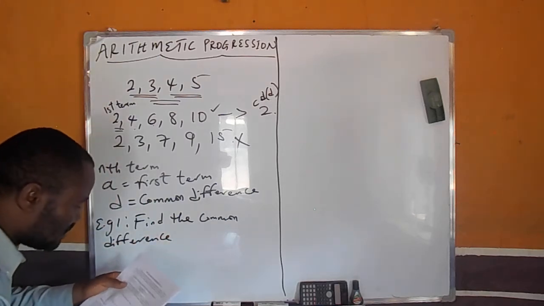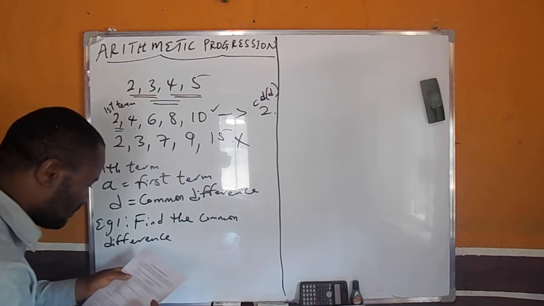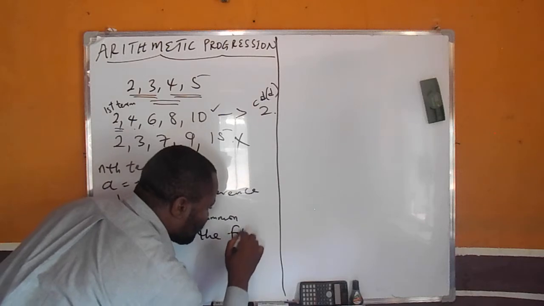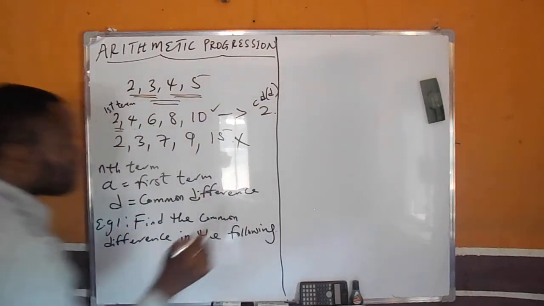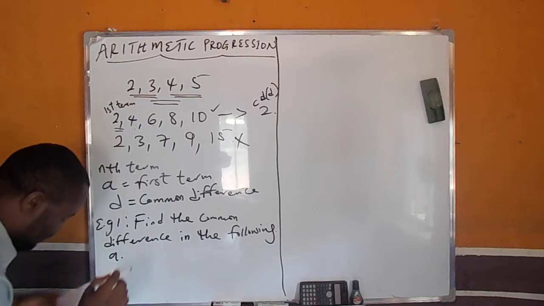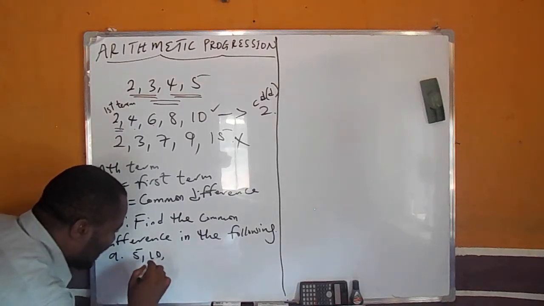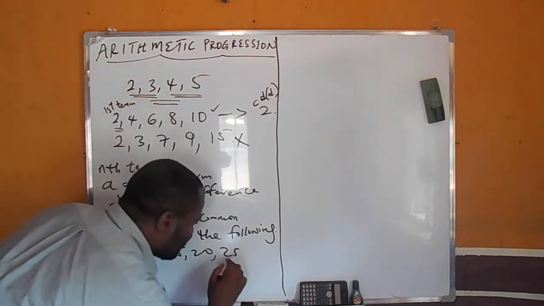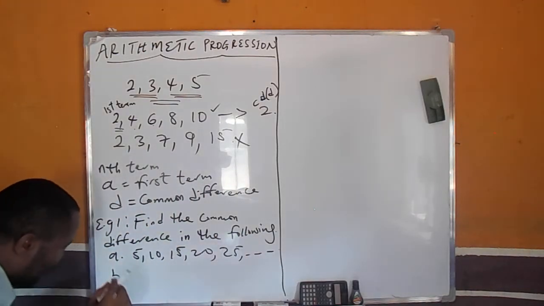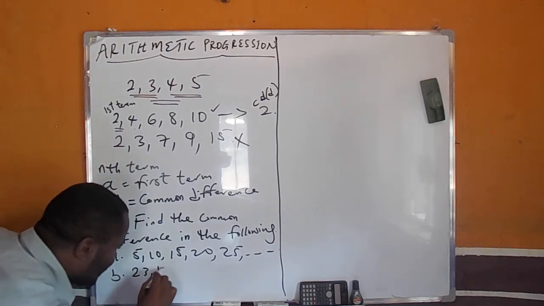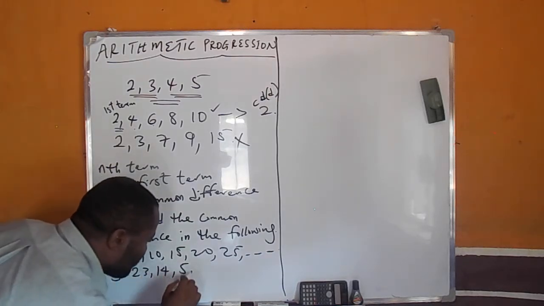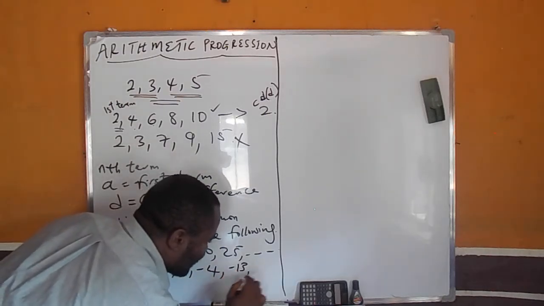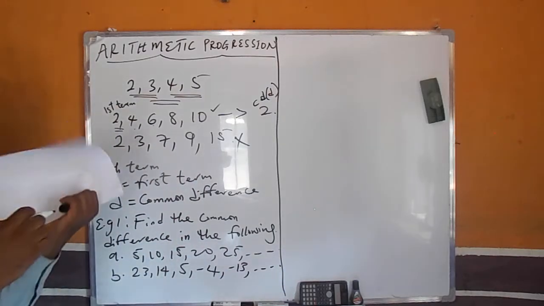Find the common difference in the following: A, 5, 10, 15, 20, 25, and B, 23, 14, 5, -4, -13, and so on and so forth.